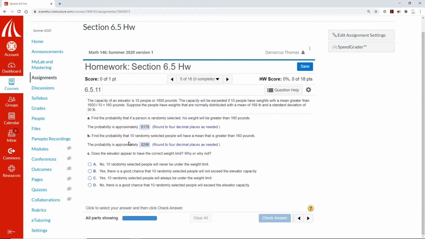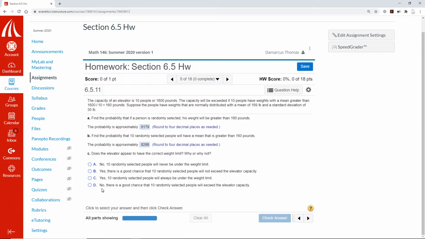The probability that there'll be 10 people with a mean weight, the average of everybody's weight, greater than 160 is 0.8286 according to the mean and deviation. So does the elevator appear to have the correct weight limit? Why or why not? I don't think it does.